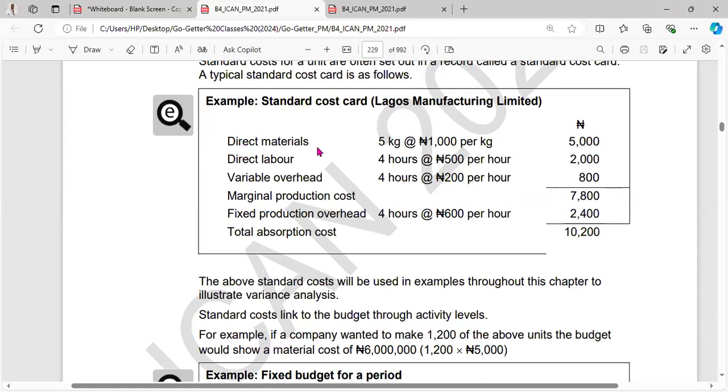We are going to be using it to do an example. The example we take in our lectures will be based on this, so that when you are solving past questions, you will understand the rudiments. But first, let's look at this again. Just a moment.